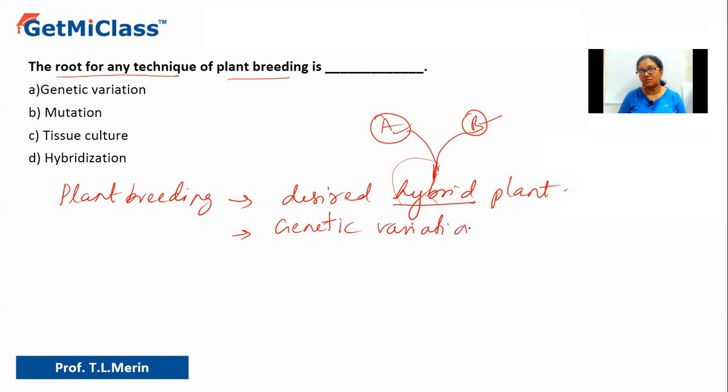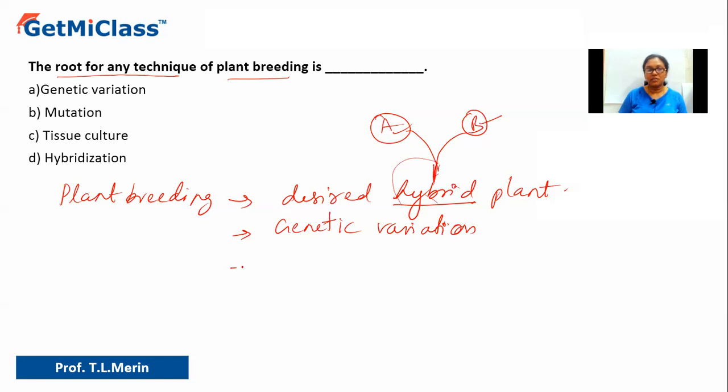Variation means there is difference, right? So some change has occurred in the genetic makeup. Earlier, here it consists of the genes of only plant A, here only plant B, but in the hybrid variety, it consists of genes from A as well as B. So there is a variation which has been created in the genetic makeup. That is what genetic variation is.